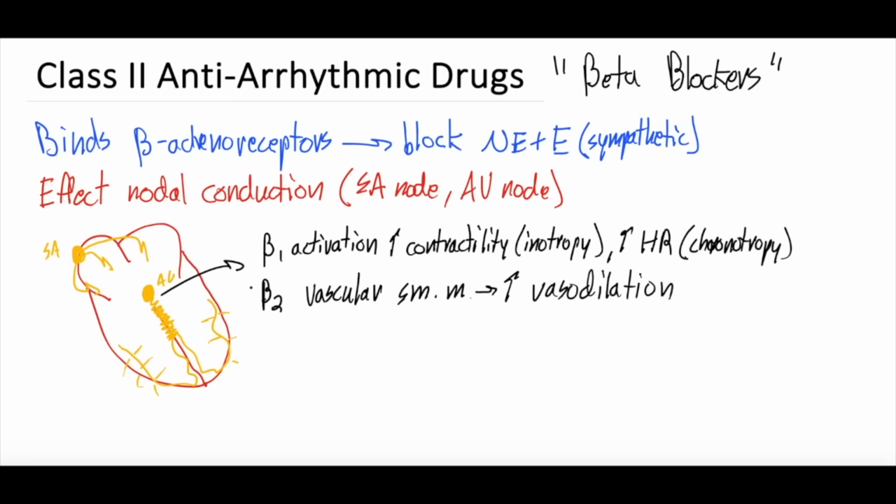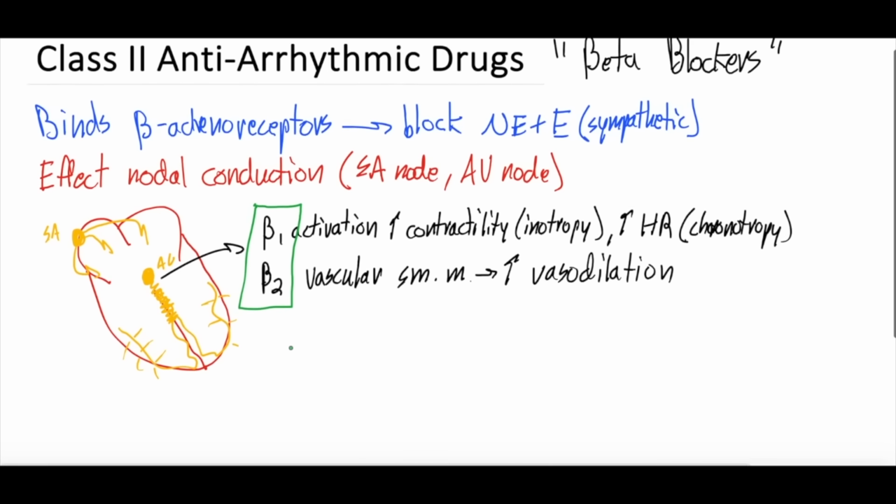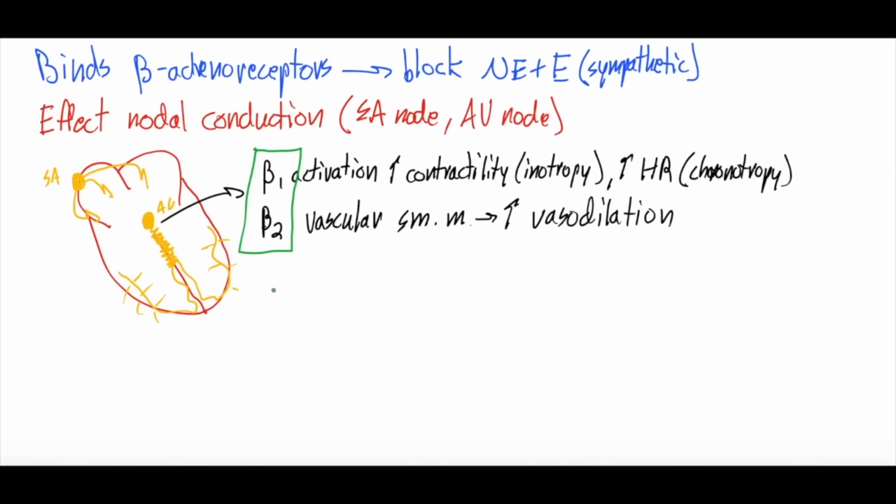This is where we get into non-selective and selective beta blockers. So, beta blockers affect both beta 1 and beta 2 receptors, but different beta blockers affect them differently, right? There are selective beta blockers. I'm going to scroll down a little bit.